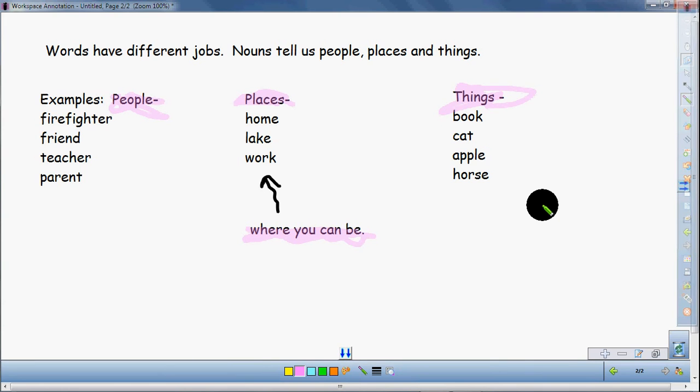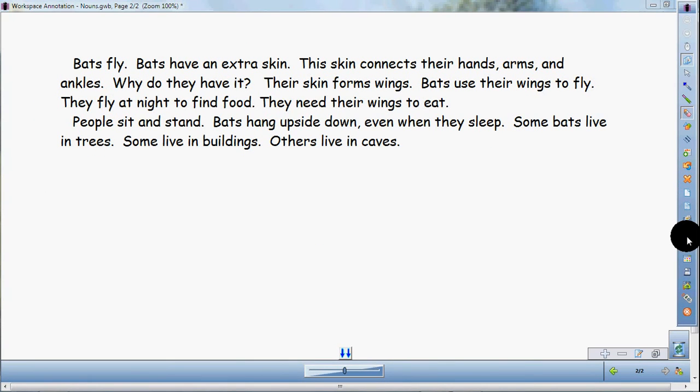So, let's sort some nouns. Look on page 7 in your big book. We're going to do exercise 4. Find it, people, places, and things.